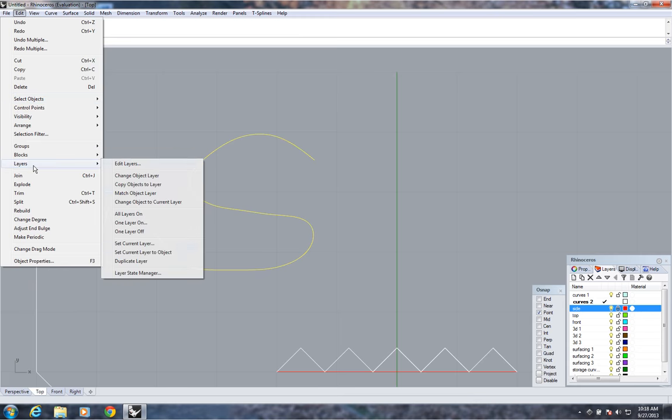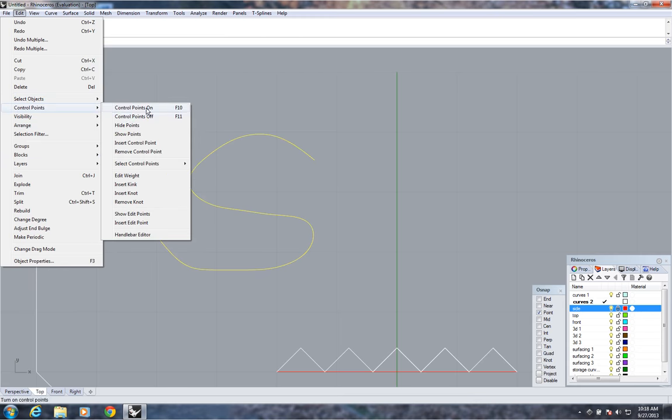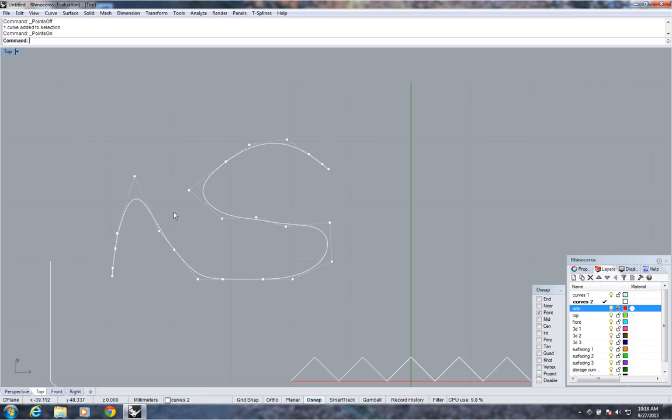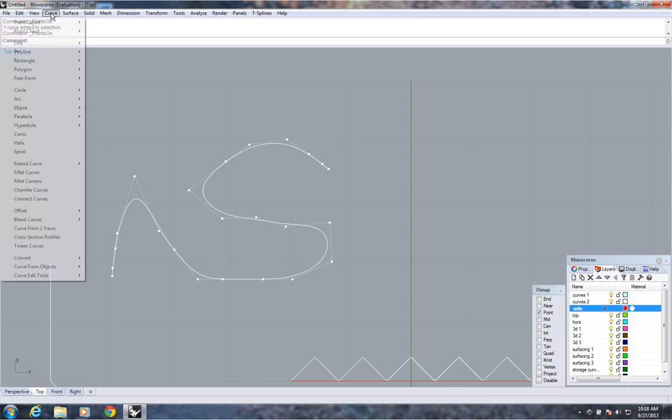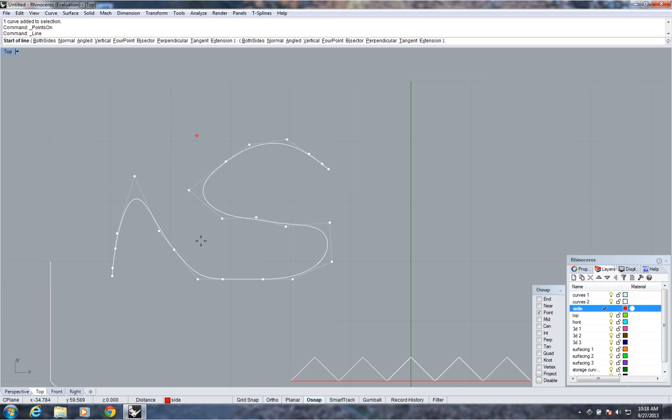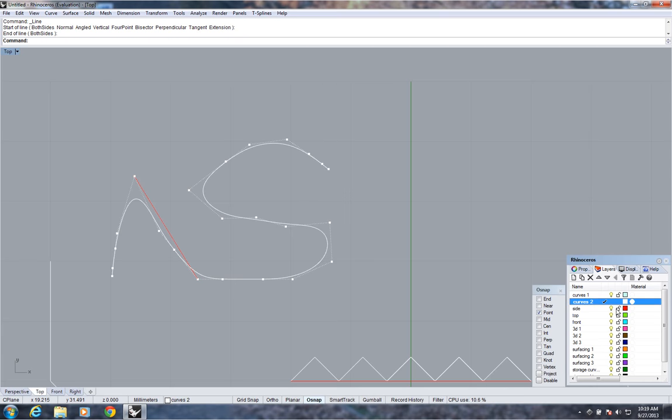Control points on. Going to do it again. But this time, I'm going to draw a straight line from this point, say to that one. It's just going to be reference geometry.